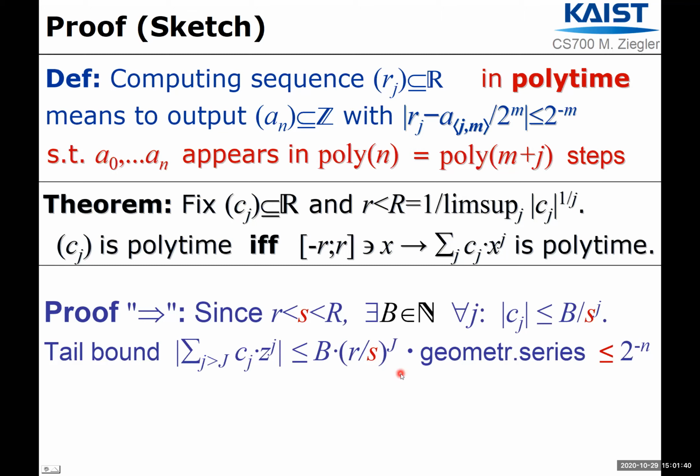But anyway, asymptotically, that means that the first order of n terms, linear in n, the precision parameter, many terms of that series suffice to get approximation up to error 2 to the minus n. And calculating this requires only time polynomial in n, right?